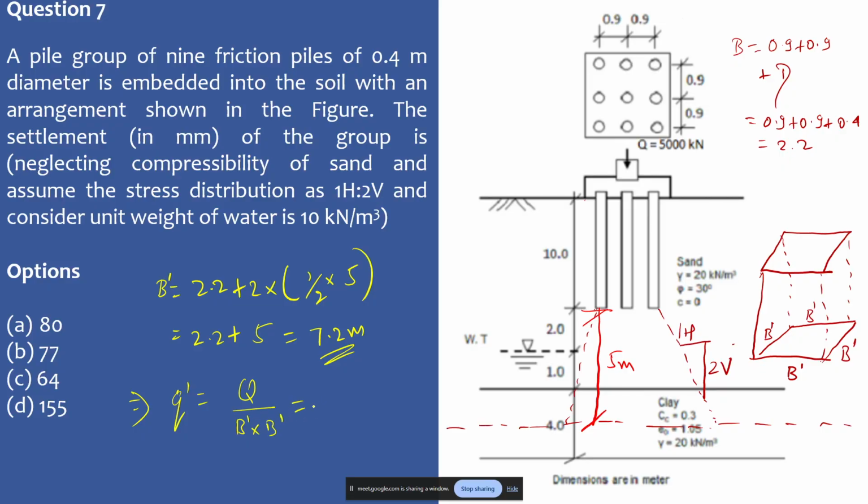Q on the top of your pile group is 500 kilonewton, and your B dash into B dash is 7.2 into 7.2. So your Q dash will be 500 divided by 7.2 into 7.2, which is basically your 96.45 kilonewton per meter square.